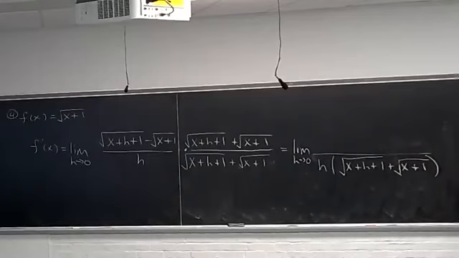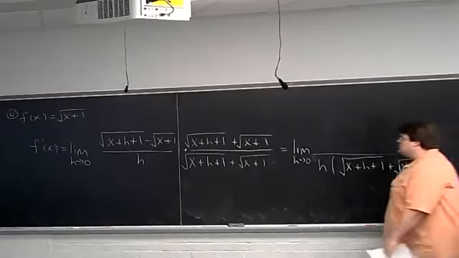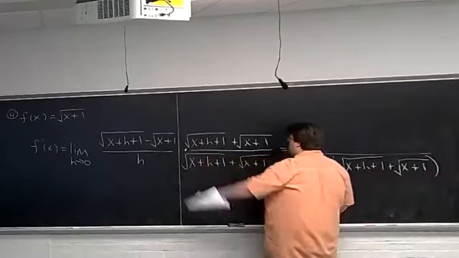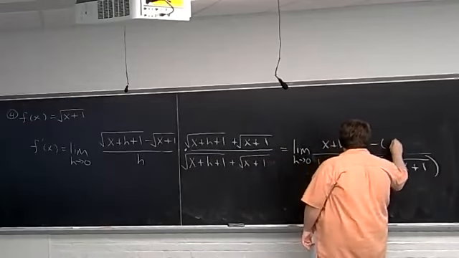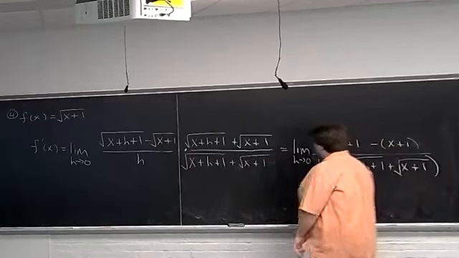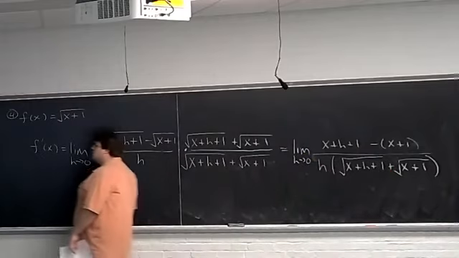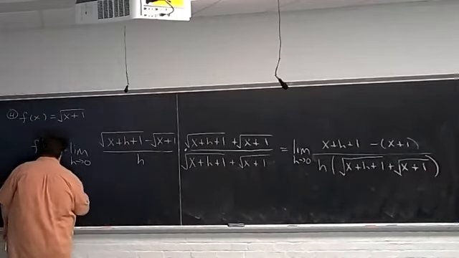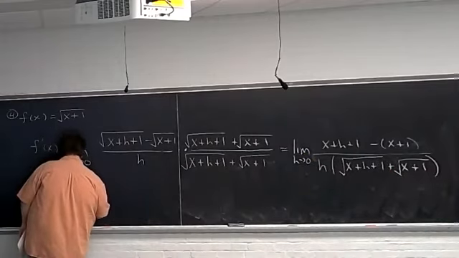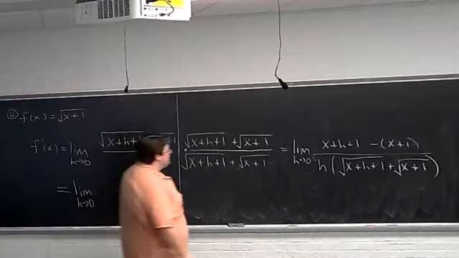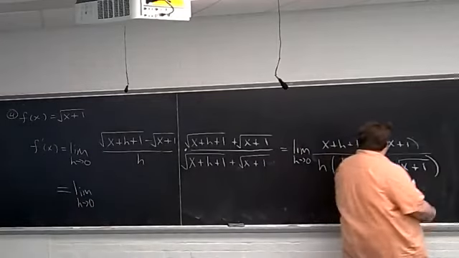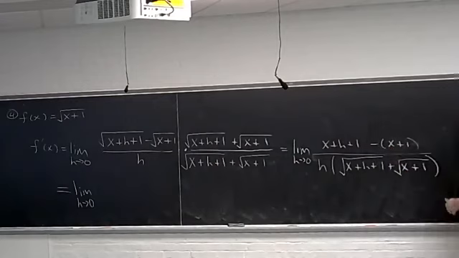What do we get at the numerator? Well, we get the first thing squared minus the second thing squared. So we get x plus h plus 1 minus all of x plus 1. Now what do we get there? Well, in the numerator, notice x plus 1 and negative x negative 1 cancel.